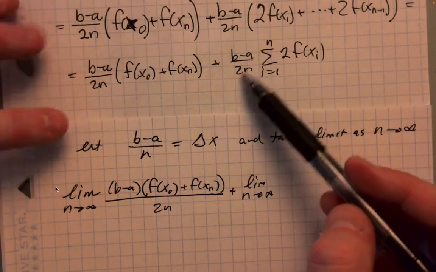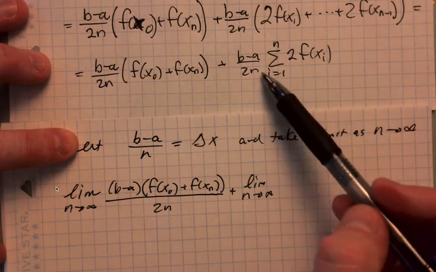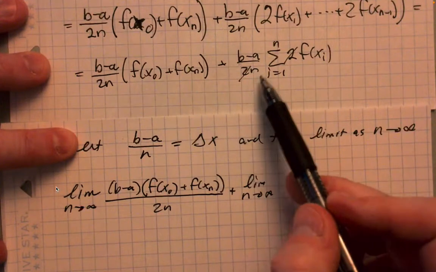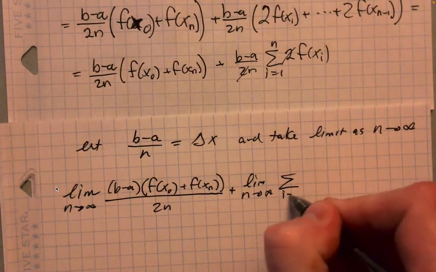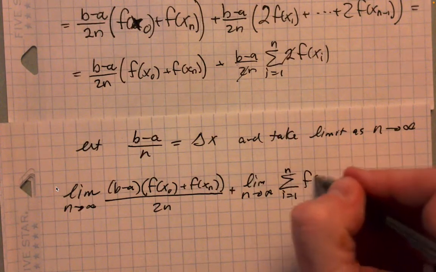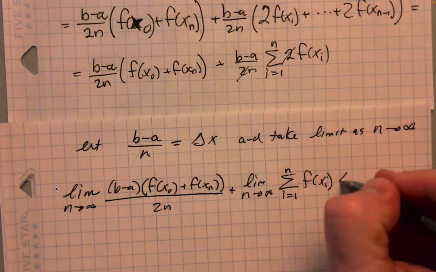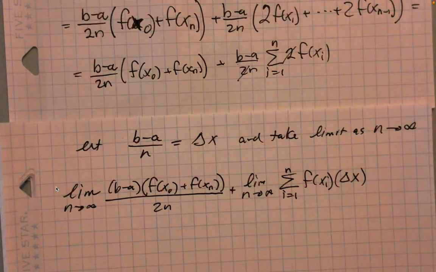Here we've got (b minus a) over n. First of all, the 2's will cancel, and then it'll be (b minus a) over n, which is our delta x. So it'll be like this: the sum i equals 1 to n of f of xi times, instead of (b minus a) over n, delta x.